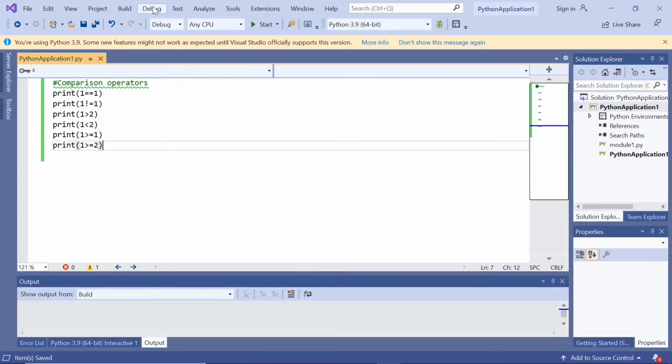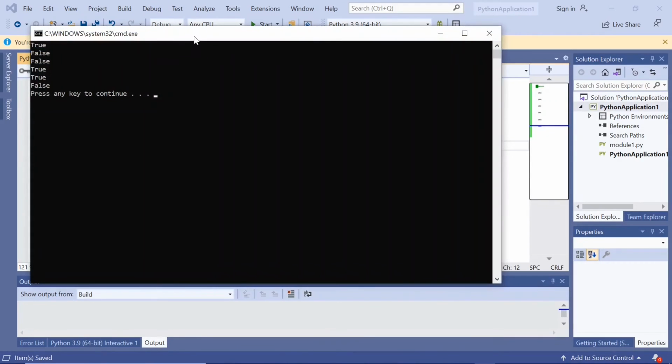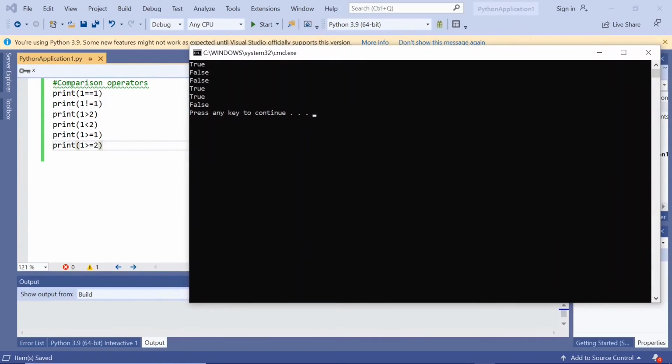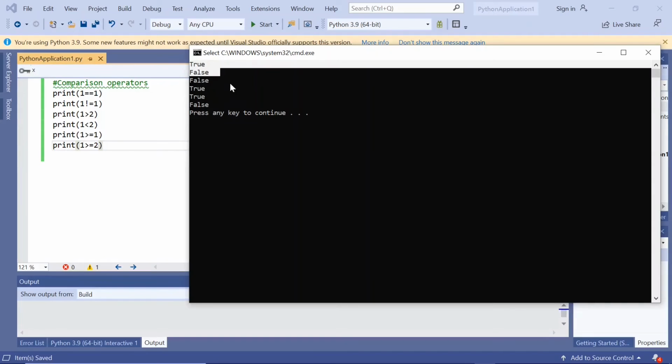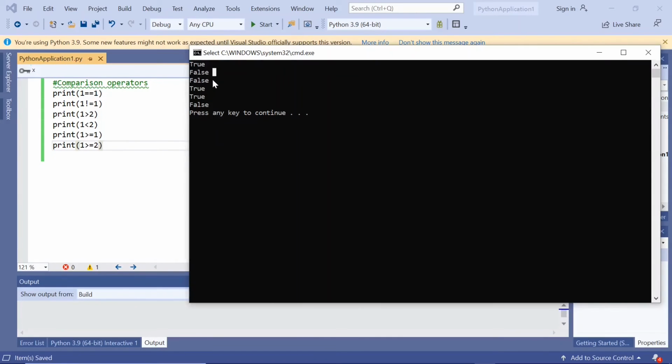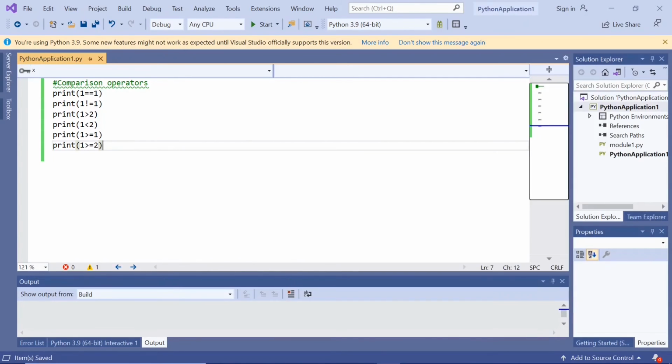Let us run this. The first one, 1 is equal to 1, is true. The second one, 1 is not equal to 1, is false. 1 is greater than 2 is false. 1 is less than 2 is true. 1 is greater than or equal to 1 is true. And 1 is greater than or equal to 2 is false. So that's how we can use these comparison operators.